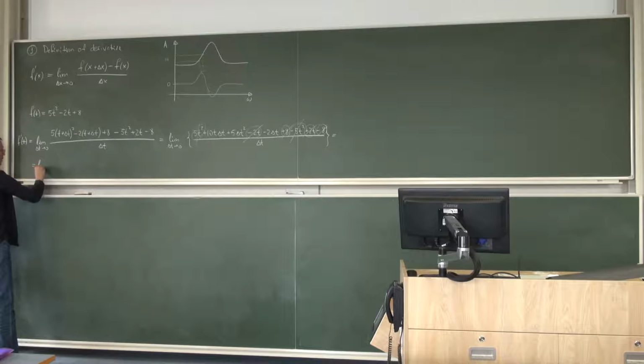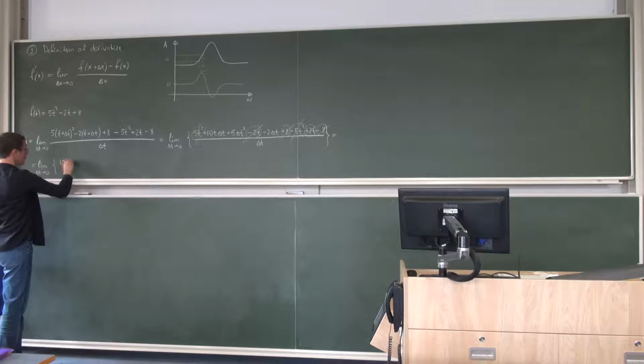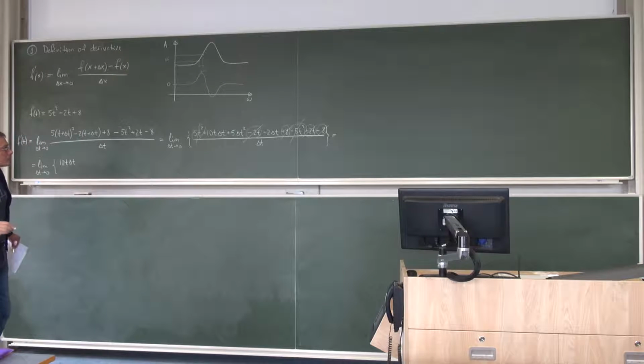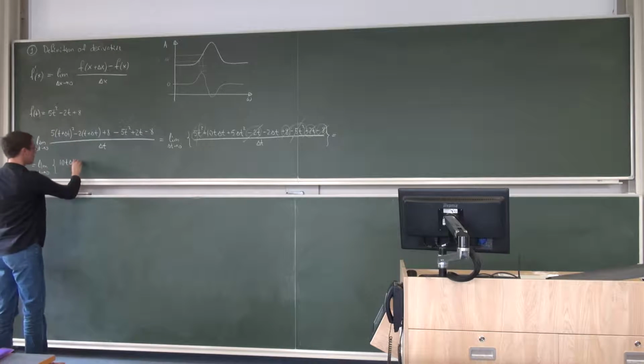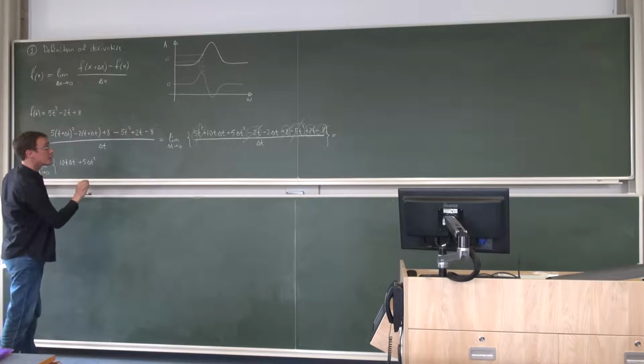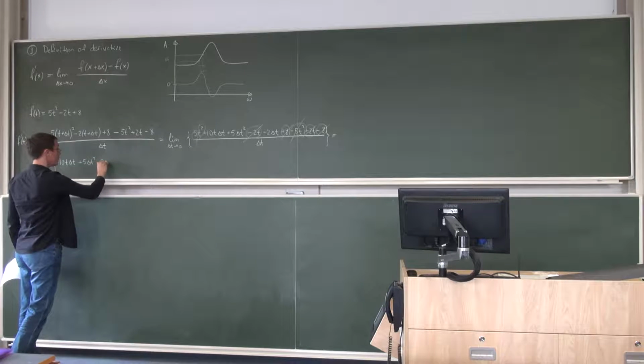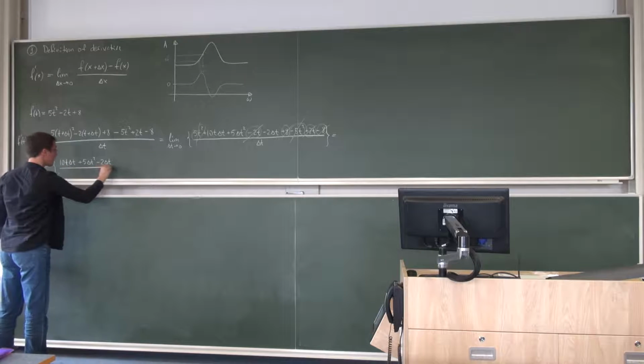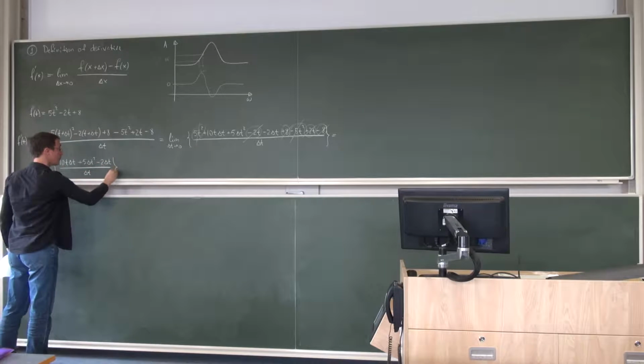So we have limit of delta t to 0 of 10t delta t plus 5 delta t squared, and then minus 2 delta t, divided by delta t.